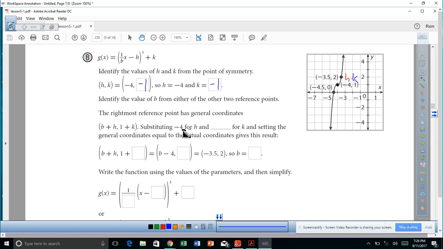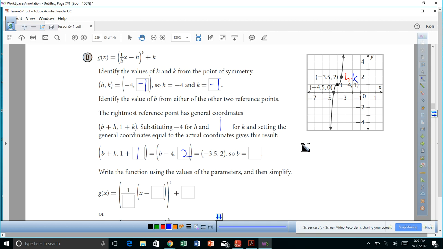Substitute -4 for h and -1 for k, and setting the general coordinates equal to the actual coordinates gives this result. b plus h and 1 plus 1 equals b minus 4 and 2. All right. 1 plus 1 is 2.